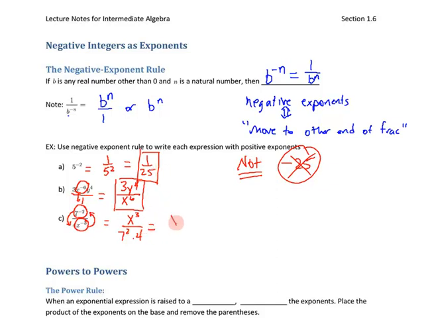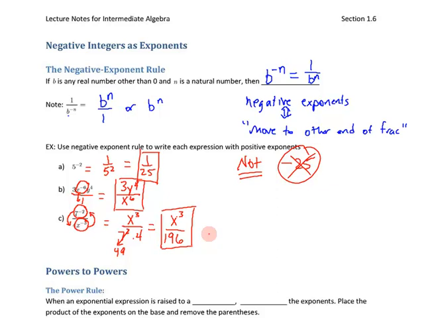So this becomes x cubed over 49 times 4. 49 is what 7 squared is. 49 times 4 is 196 on the bottom. There is your simplified expression.